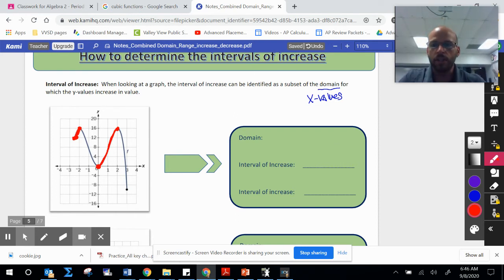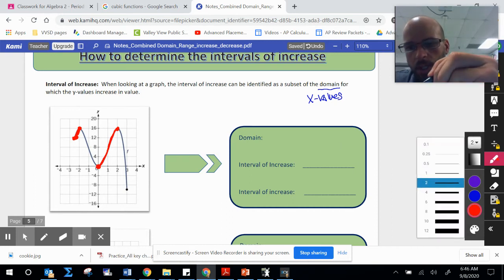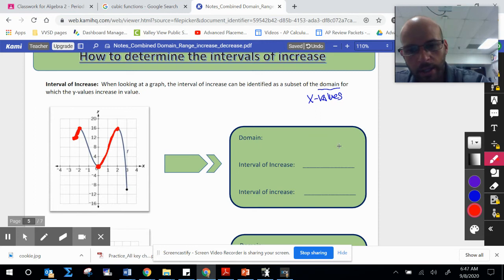Now you can either use intervals or inequalities. Let me change my pen width here. There we go. Okay, is going to go from a negative 2.5 roughly all the way to 2.